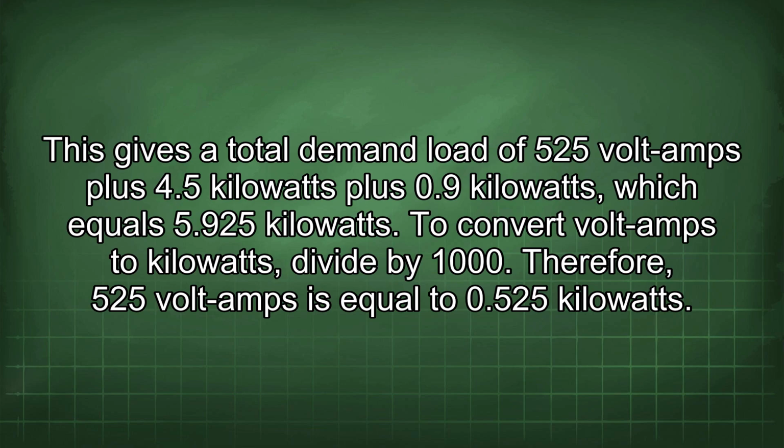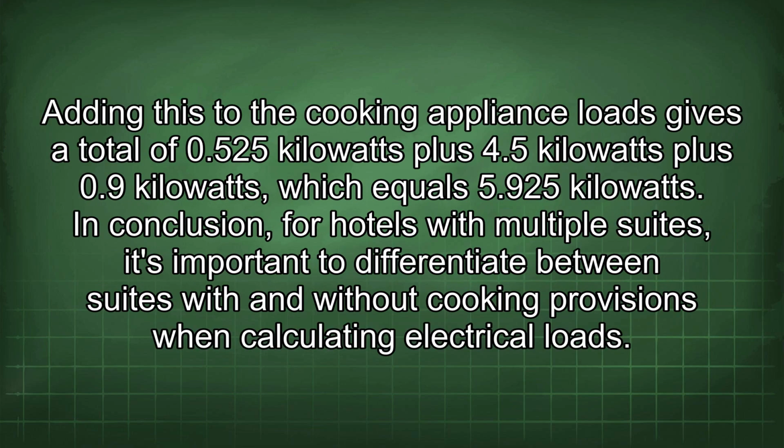To convert volt-amps to kilowatts, divide by 1000. Therefore, 525 volt-amps is equal to 0.525 kilowatts. Adding this to the cooking appliance loads gives a total of 0.525 kilowatts plus 4.5 kilowatts plus 0.9 kilowatts, which equals 5.925 kilowatts.